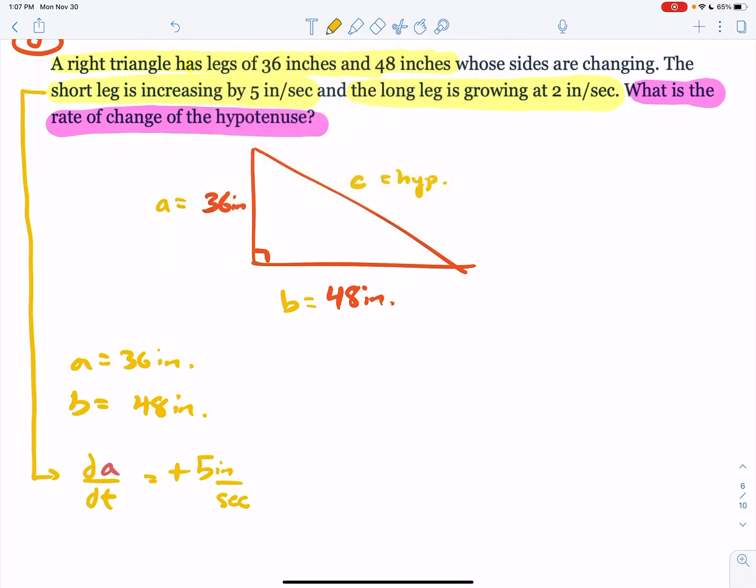And then it says the long leg is growing at 2 inches per second. Since it's growing, it's going to be positive. And since it's growing at a rate, it's going to be d something over dt. In this case, it's going to be dB over dt since it's the long leg.